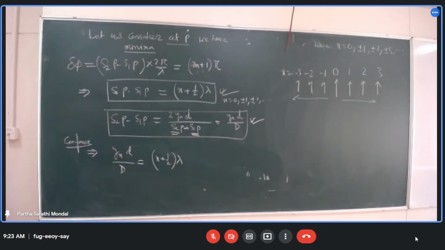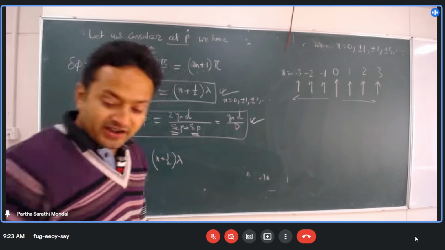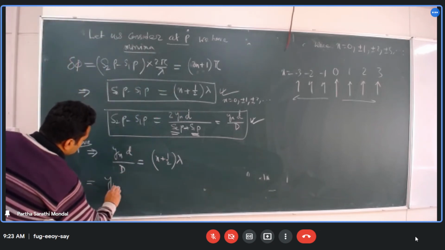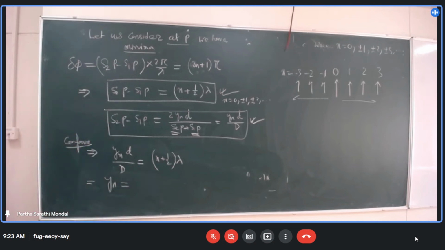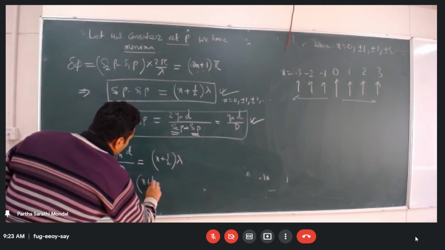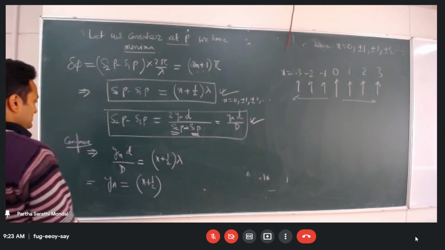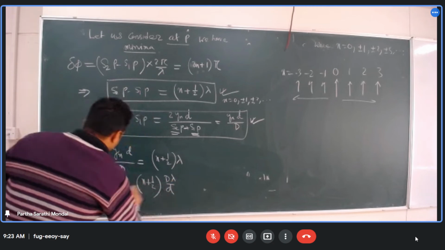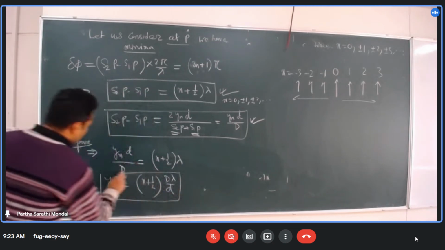Okay, now from here you can find out yn. yn equal to what will it be, (n plus 1/2) lambda D by d. So yn is what?